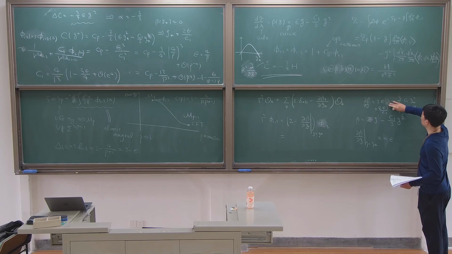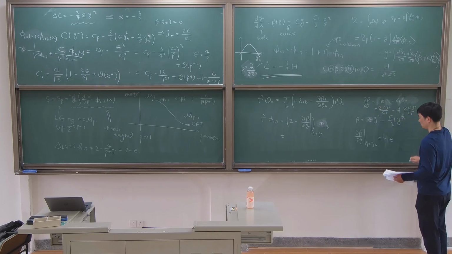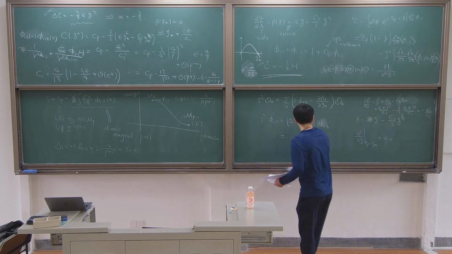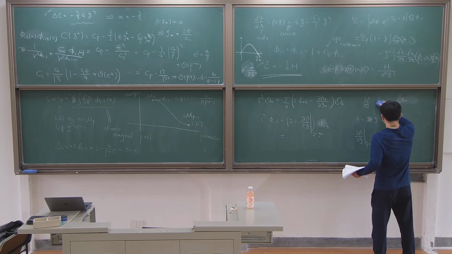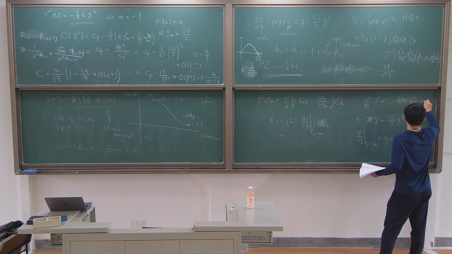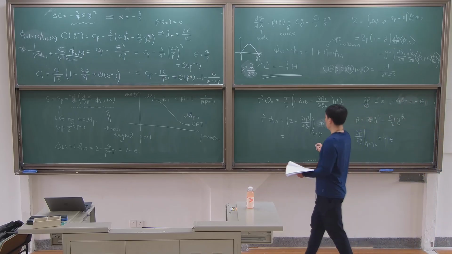If you take the derivative, you get this one, and then you should correct C1 and then times g star. And plug that into here, what you get is minus 1. And this is equal to minus epsilon. Then plug that into here, you get 2 plus epsilon.